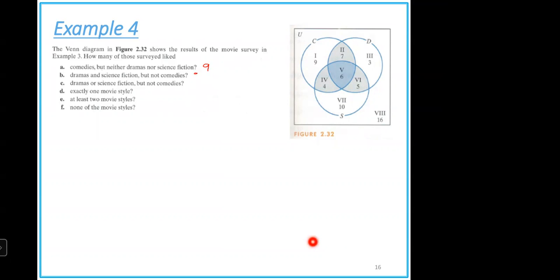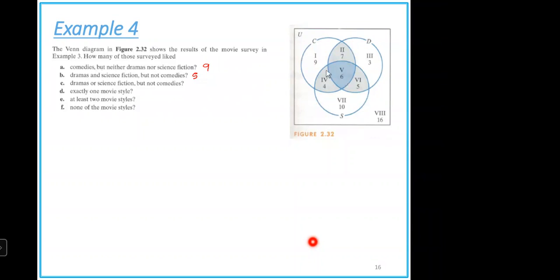So that's 5. Okay, Miss Pratt, the next question is asking for those who like drama or science fiction, but not comedy. Drama or science fiction, but not comedy. Okay, let's see.